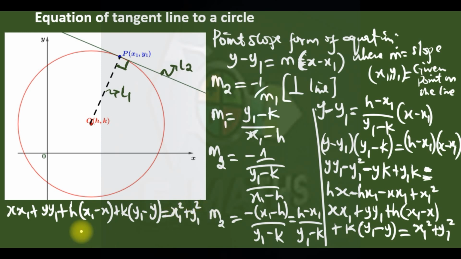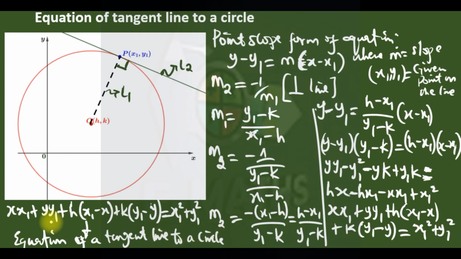So that's the equation of the tangent line to a circle. The parameters here are the point of tangency and the center. Once you know them, we are good to go.